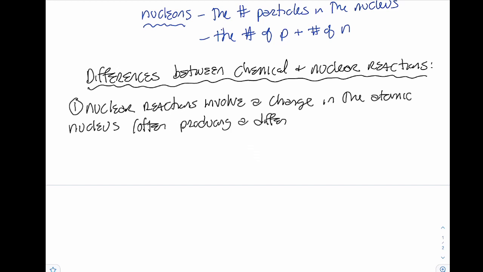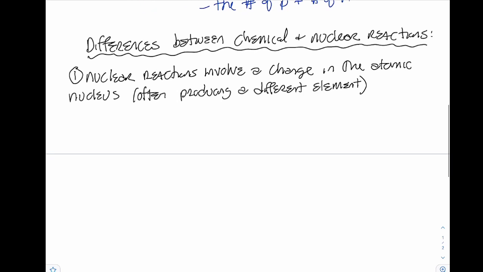If we're changing the nucleus, we can be changing the number of protons, and when we do that, we have an atom of a different element. Remember, if the number of protons changes, we're making something different. That doesn't happen in chemical reactions. A chemical reaction just involves a change in the distribution of valence electrons. The nucleus itself is not changed.